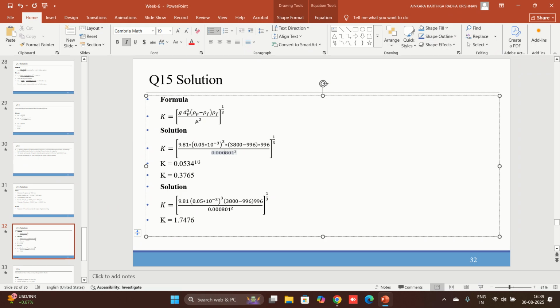9.81 into 0.05 to the power of 3 into 10 power minus 9 into 996 into 3800 minus 996, divided by 0.000801 square. It is 5.3377 to the power of 1 divided by 3.